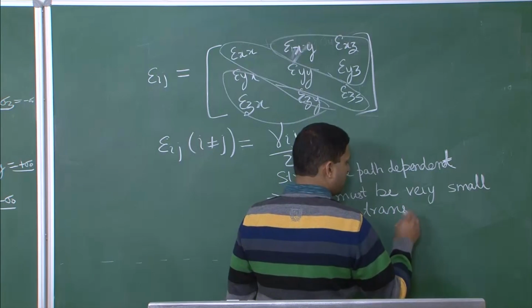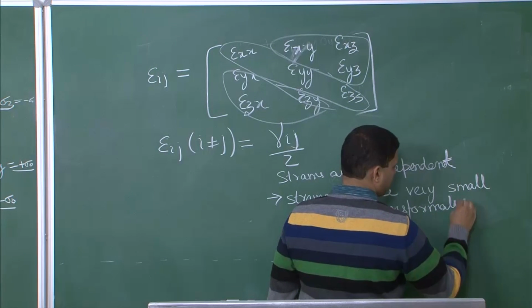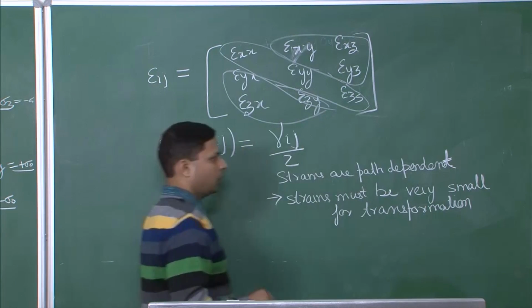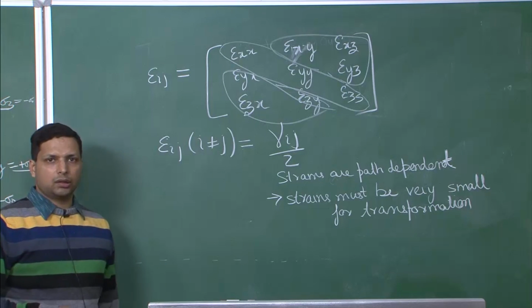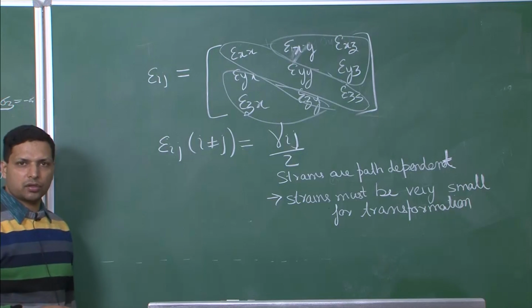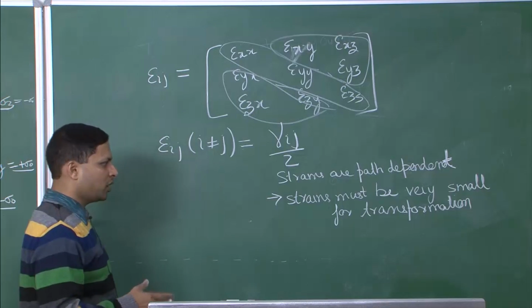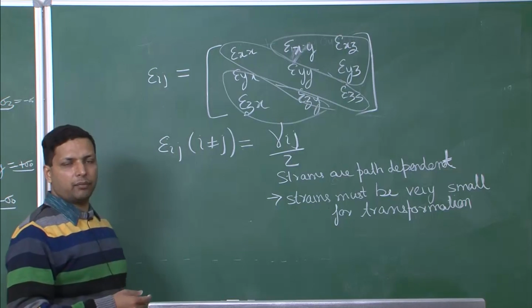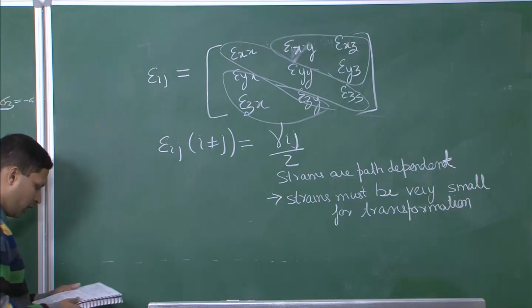So, if you are transforming from one axis to another, or you are doing some kind of rotation, then in those cases you must check that the strains are sufficiently small, otherwise the values that you get may not really be a true representation of strains in that particular condition.